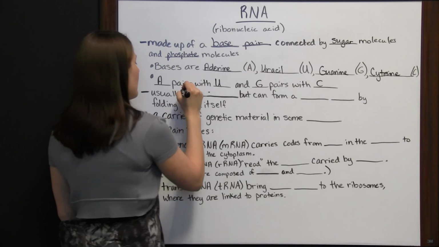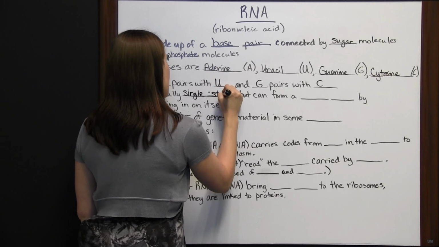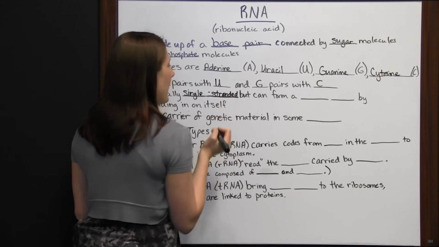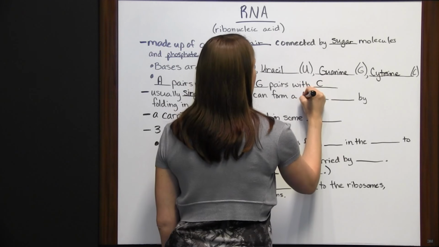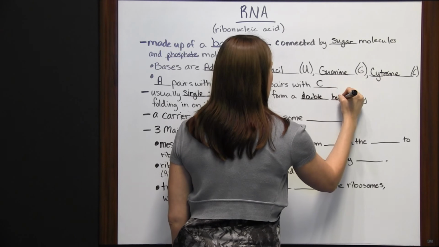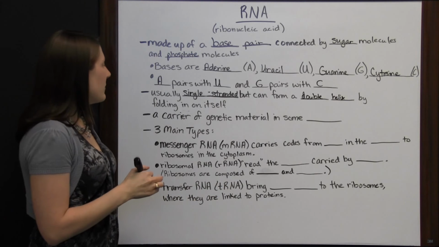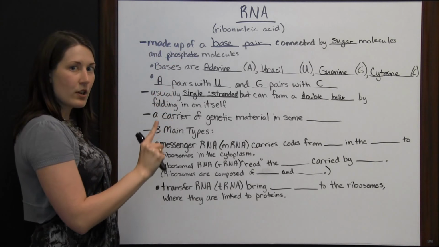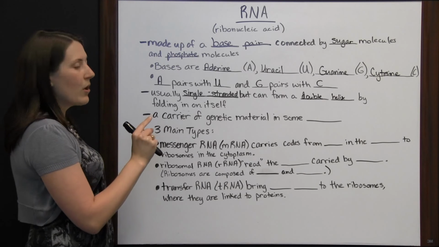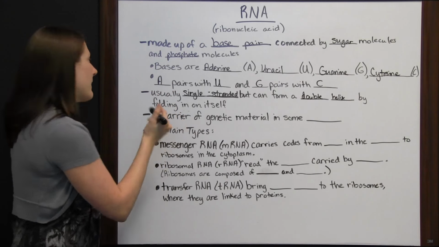Usually, RNA is going to be single-stranded. But it can form a double helix, like the shape of DNA, by folding in on itself. So, you have a single strand made up of sugar molecules and phosphate molecules, and then you've got the little base pairs coming off of it.